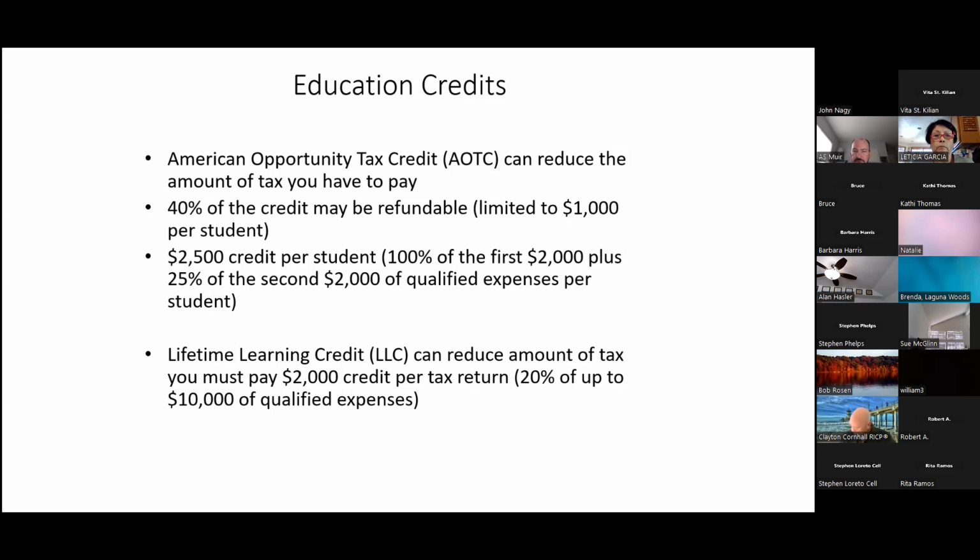And if you are receiving, for example, a scholarship, let's say your scholarship is $9,000 and your tuition is $9,000, you don't have any out-of-pocket expenses. So when you're talking about the credits, you have to determine if the individual received any type of scholarships or grants.